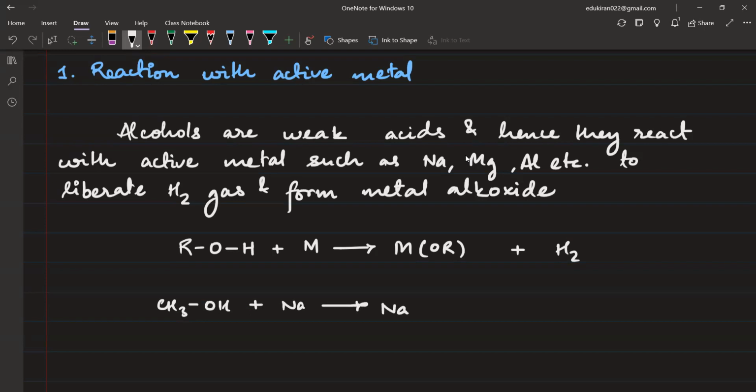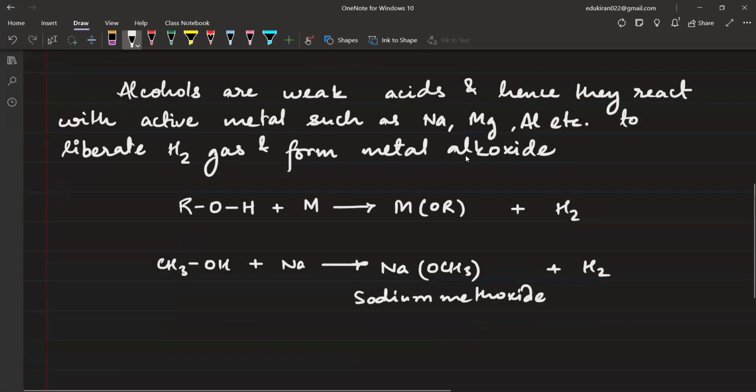So that is why it is going to make sodium, and you will have only one alkoxide, OCH3. This will be known as sodium methoxide. Sodium is the metal, OCH3 is the alkoxide, which is methoxide, and hydrogen gas will be liberated.